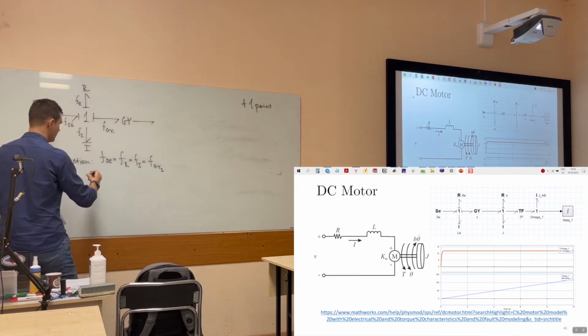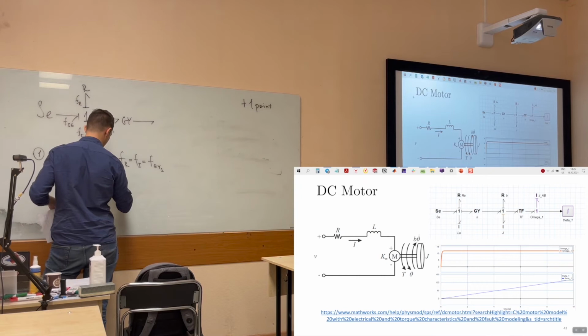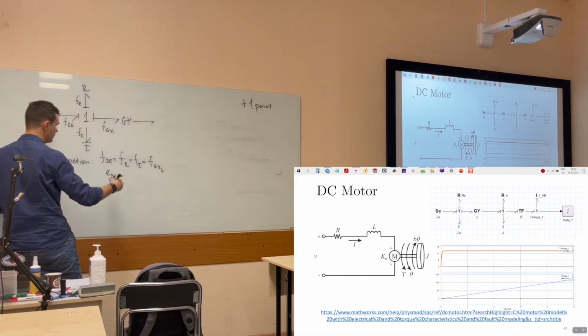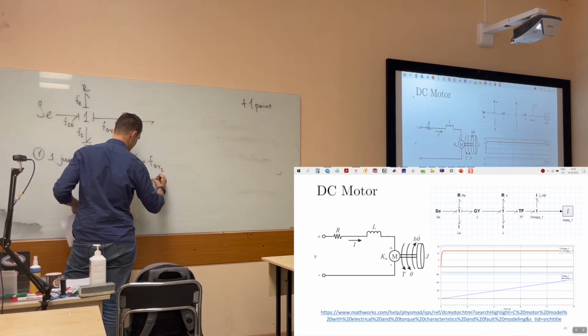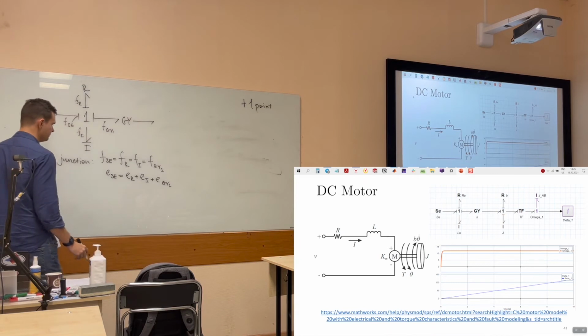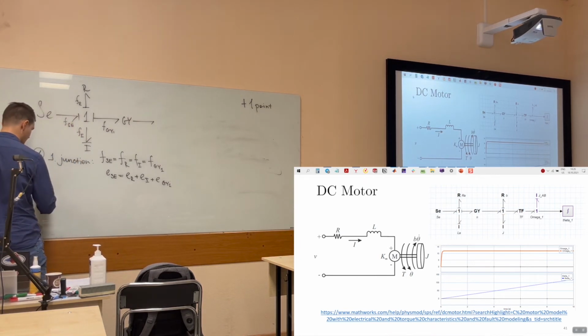So here will be effort Se. Everything that goes in equals everything that goes out: Er plus Ei plus Egy1. Okay, what do we know from there?